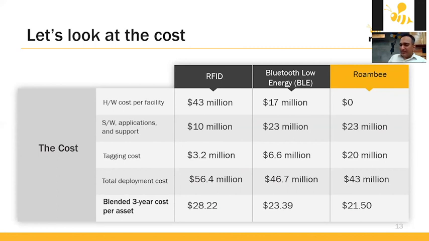But in the grander scheme of things, it's not much, because you have no hardware cost per facility, and your blended 3-year cost per asset, as you see, is much lower than RFID, and significantly lower than Bluetooth Low Energy.